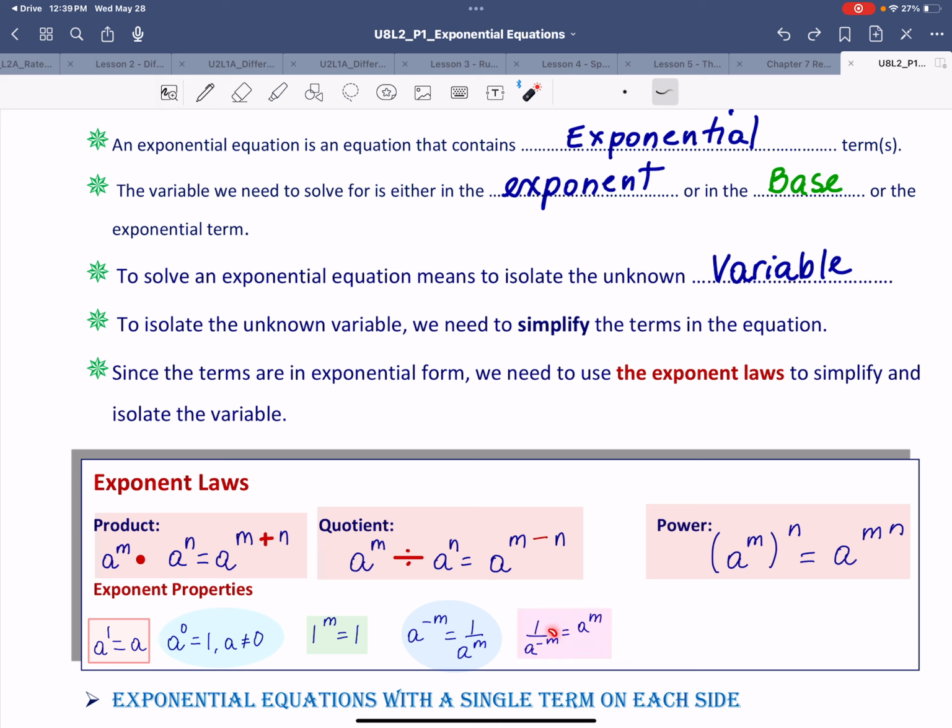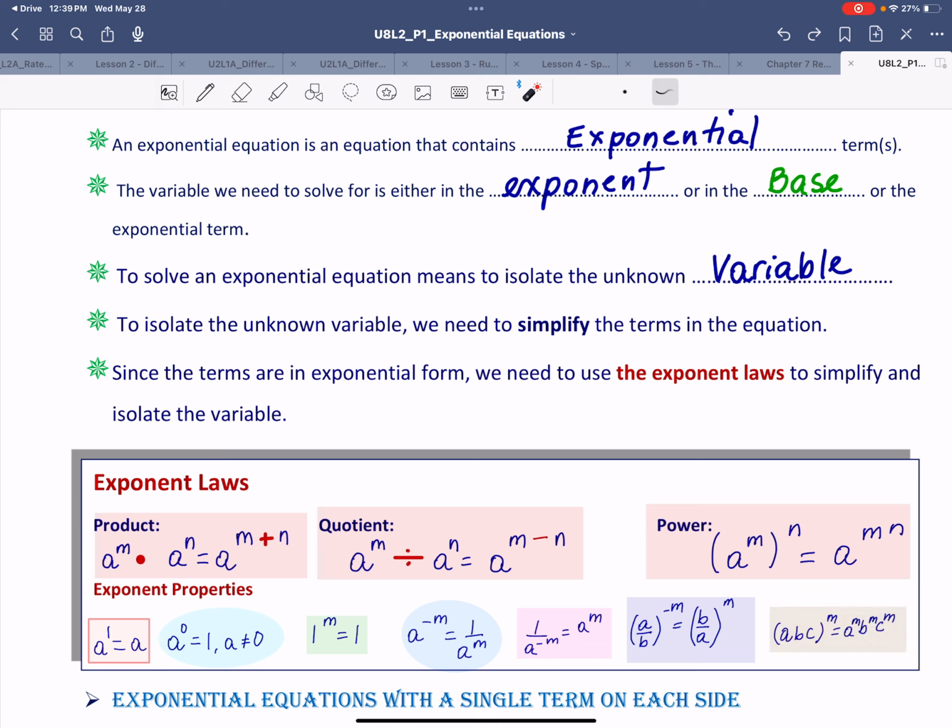Next rule is similar to the previous one. If the negative power is in the denominator, we can make it positive by bringing the number up in the numerator. A few more to go. So if we have a fraction to the power of a negative, then we can change the sign of the exponent from negative to positive by flipping the base, so from a over b to b over a.